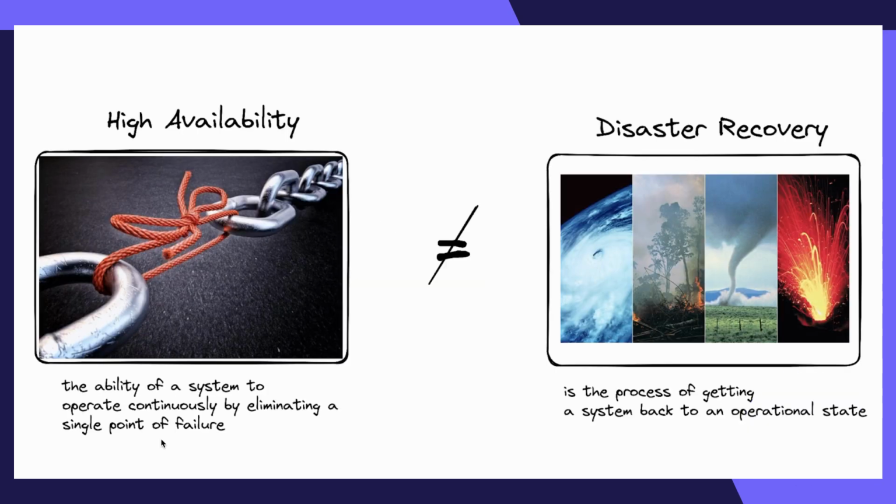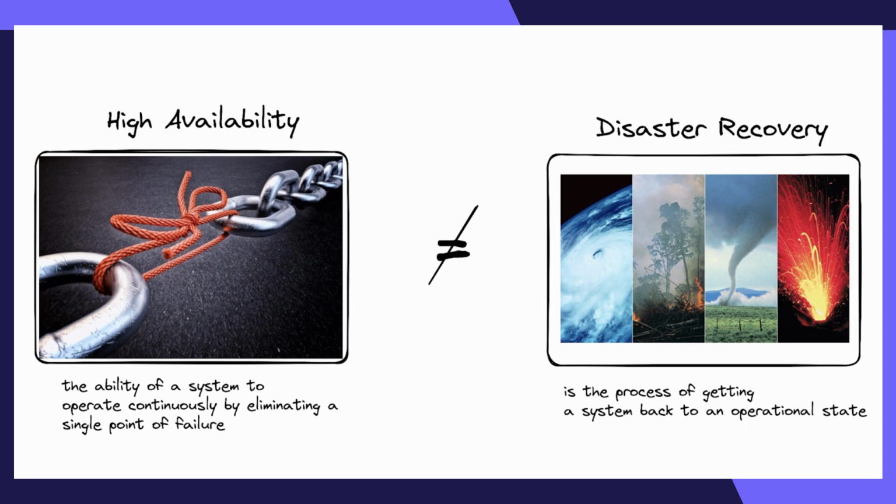Alright, when we are talking about high availability, we do not confuse it with disaster recovery. Because high availability is the ability of your system to operate continuously by eliminating a single point of failure. For instance, if you have a single database instance that processes all the requests, this is your single point of failure, and you need to improve your high availability.